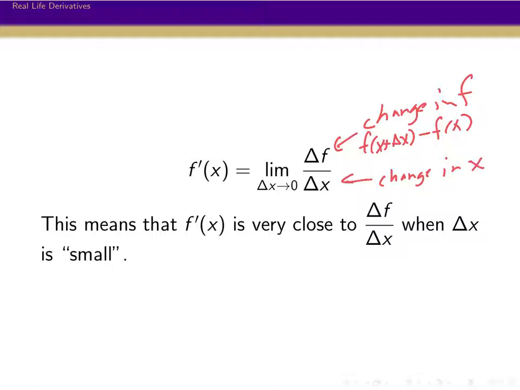Okay. And so by the idea of a limit, f prime, the instantaneous rate of change, is going to be very close to what the ratio delta f over delta x is when delta x is very small. And remember this ratio right here is talking about an average rate of change.